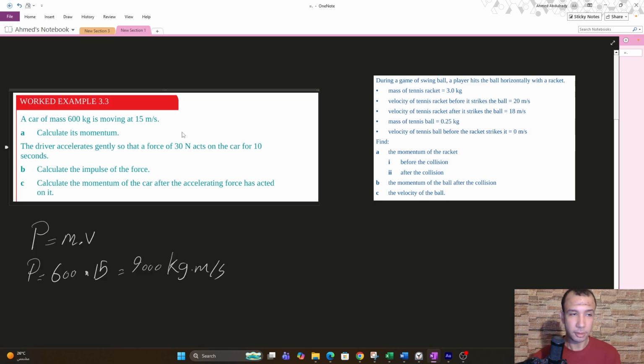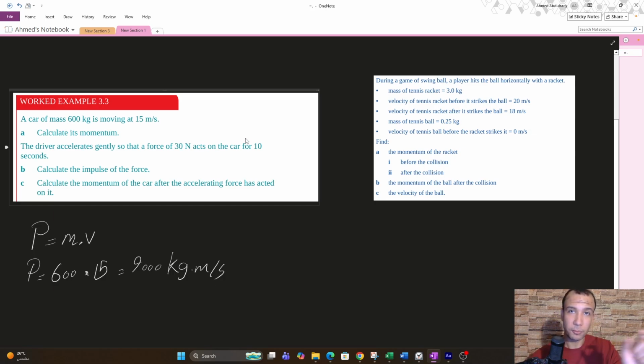The second part: the driver accelerates gently so that a force of 30 newtons acts on the car for 10 seconds. So the car was moving at this constant velocity, and then he accelerates it with the gas pedal, and there is a force from the engine, and it accelerates a bit. The force from the engine acts for a certain time.